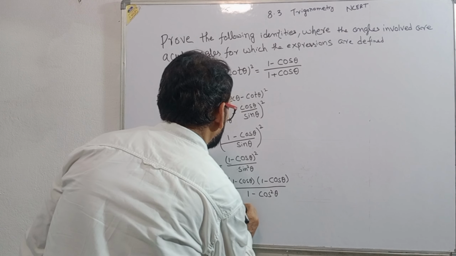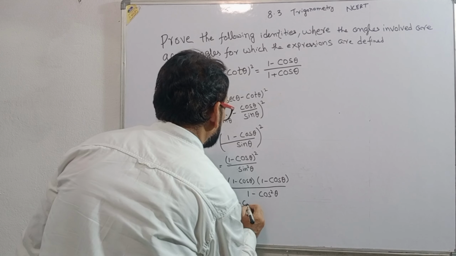Here 1 minus cos theta, 1 minus cos theta over 1 minus cos theta, 1 plus cos theta. Now we use a square minus b square, a plus b, a minus b.